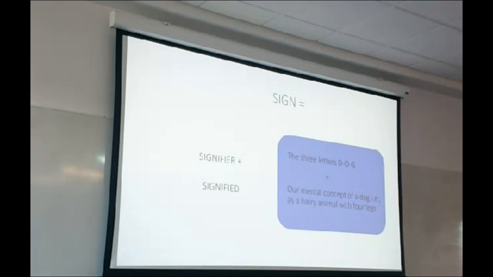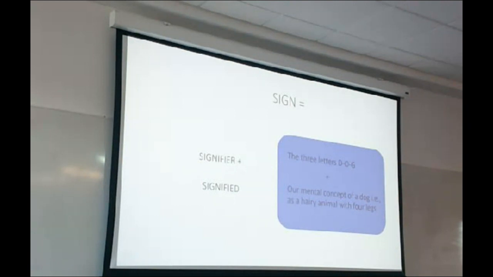When we see DOG together and we can read, we look at that and we think, oh, dog. And there's a mental concept of dog which is triggered by that.